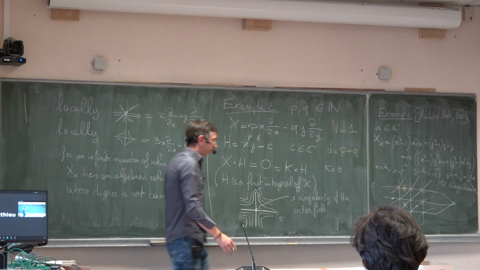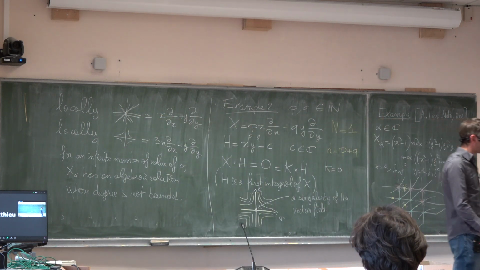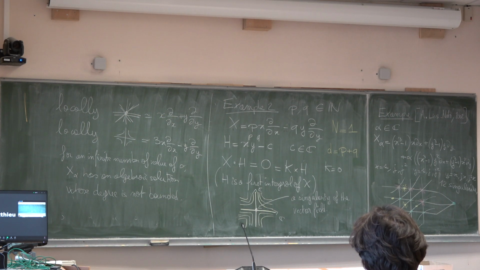Meaning that you can find some value alpha for which this foliation has another algebraic solution with degree 1 billion if you want.